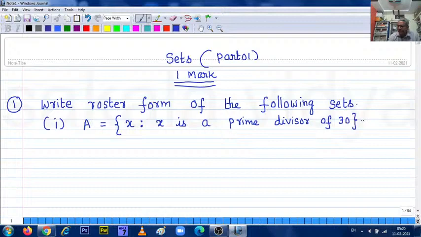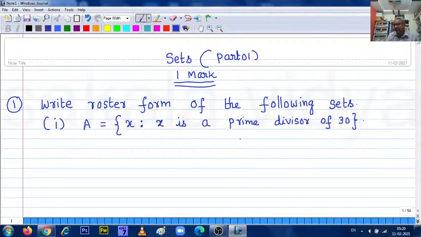This is the question. That means find the factors of 30. Out of the factors of 30, what are the prime numbers that we need to list out. That's called the roster form of the given set.